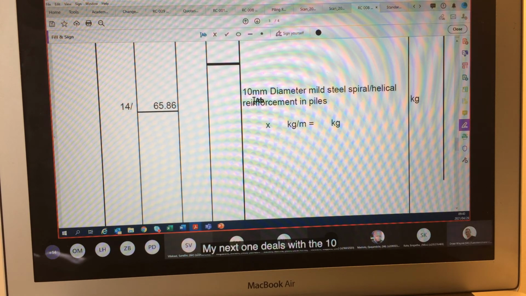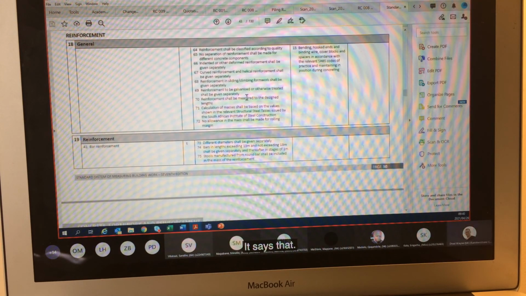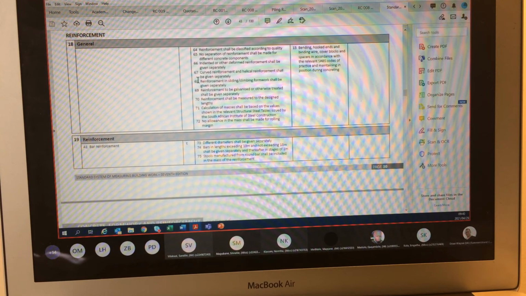My next one deals with the 10 millimeter diameter mild steel spiral or helical reinforcement in piles. Now I'm going to go to my standard system. It says that curved reinforcement and helical reinforcement shall be given separately.